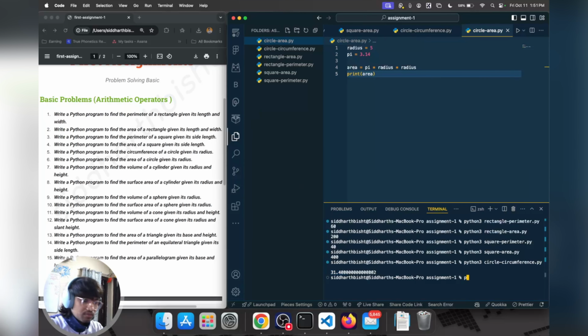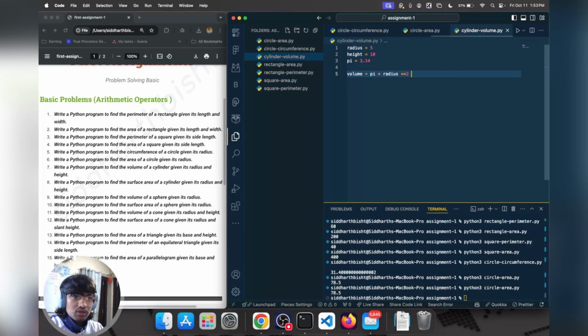Volume equals, what is the formula? Pi r square h. So I'll write pi multiply by r square, radius into 2, radius square, into h, meaning height.